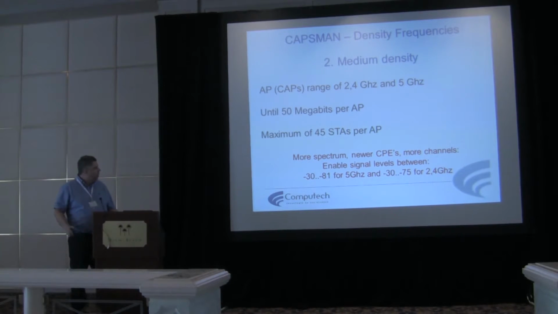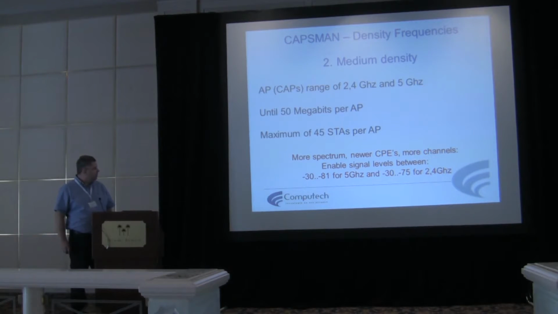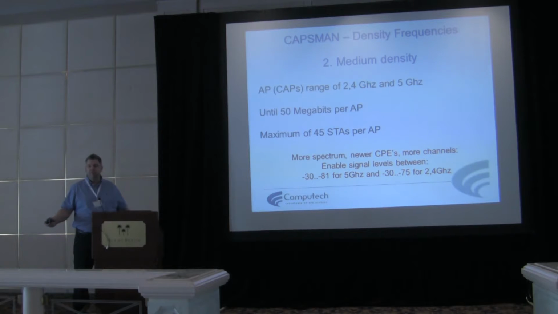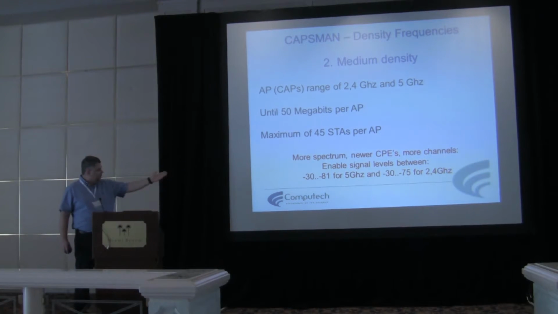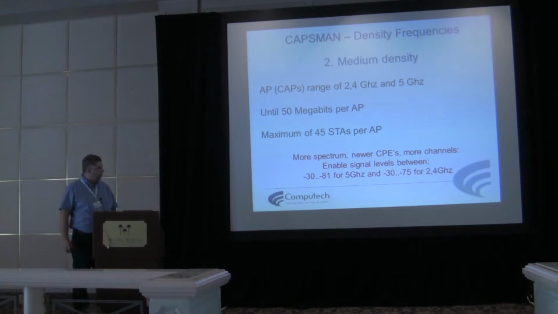The benefits are more spectrum, newer CPEs. As I told you, they have the capacity to connect to 5 gigahertz networks, more channels. In 5 gigahertz, we have much more spectrum than in 2.4. Enable signal levels between -30 to -81 in 5 gigahertz, and keep -75 in 2.4.